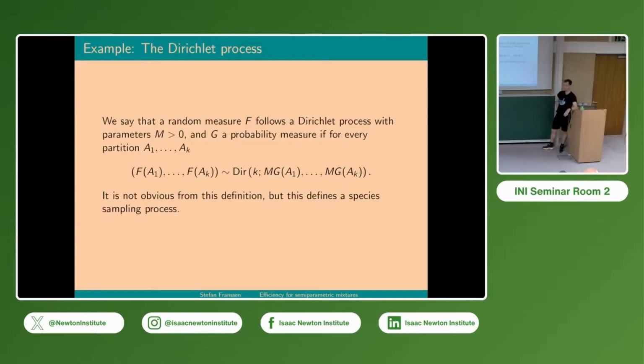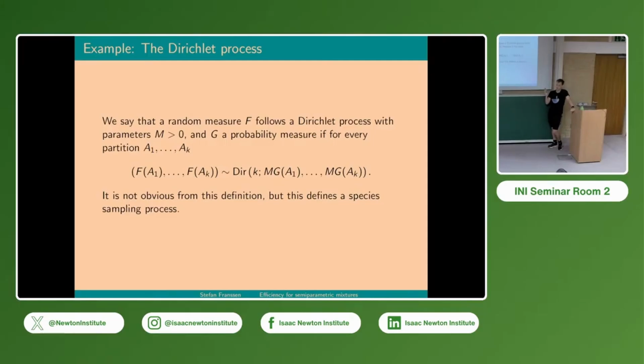This gives us a random vector, and we can then show that this defines a random probability distribution, and what is not at all obvious from its definition is that it defines a species sampling process. So it's discrete, there are a bunch of other properties, we have a nice distribution for this weight vector, and the locations, these theta i's, are drawn from this distribution G. That is the main example that people use.